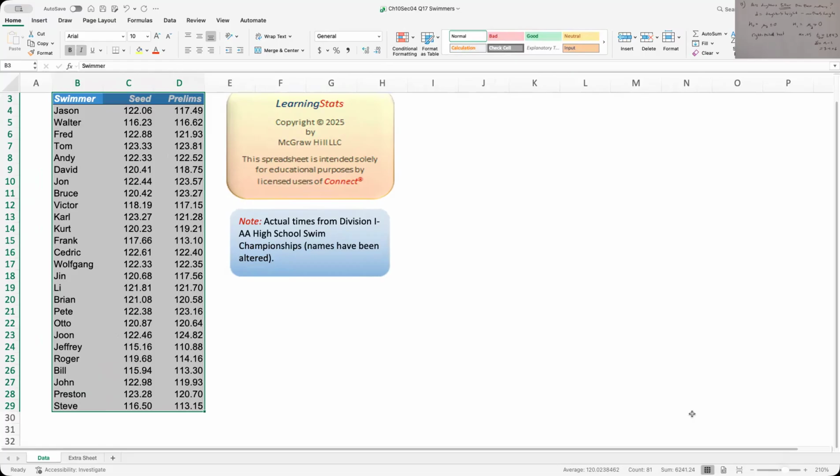The claim is that the difference between times at the championship meet versus the times going into the meet, so preliminary results versus the seed results, should be bigger than, on average, bigger than what?